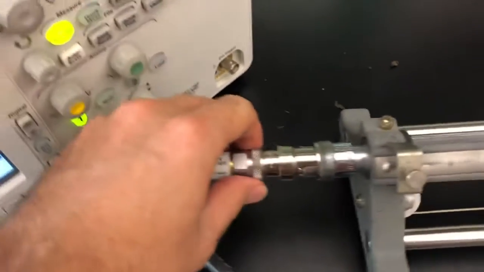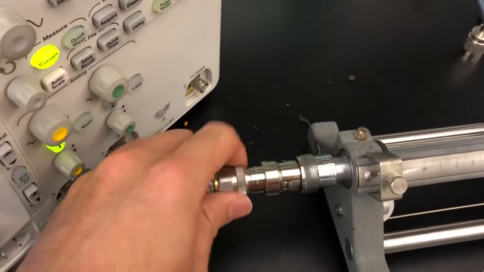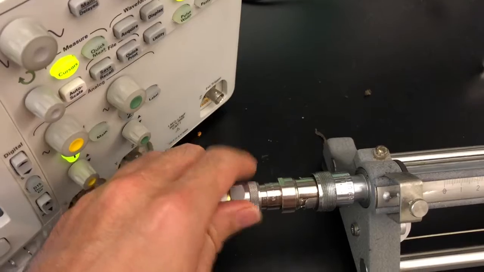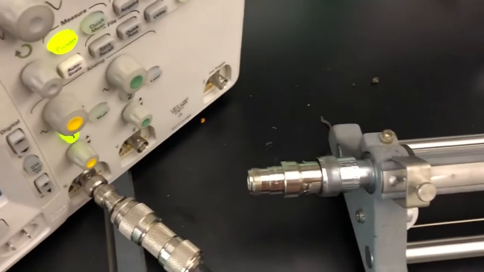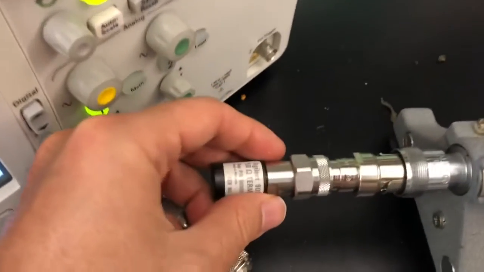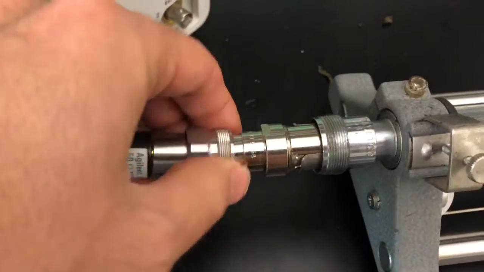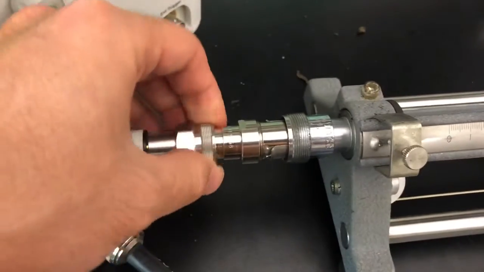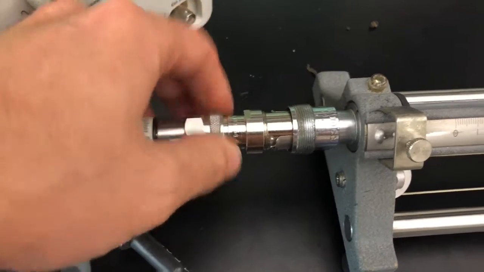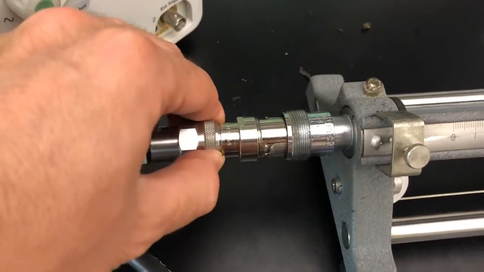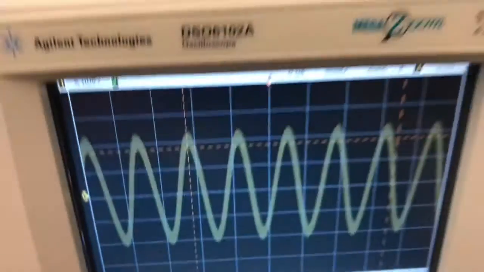Now you tell me: if I open this and connect a 50 ohm load here, and I change the length, will I see any difference on the screen? Right now this is 50 ohm, the slotted line is 50 ohm as well, everything is 50 ohm. Let's see.